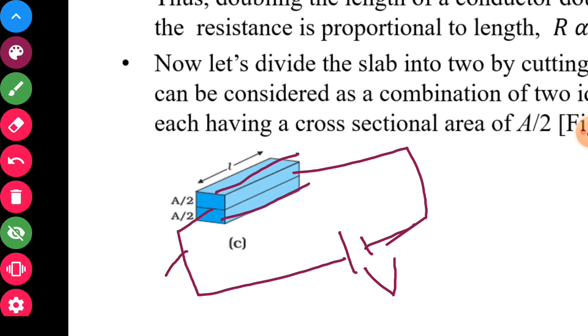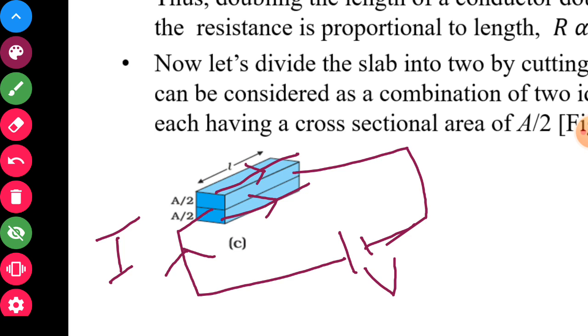But if earlier in one slab the current was I, now the current will be divided into two equal parts, I by 2 in the upper slab and I by 2 in the lower slab. So the voltage remains the same and the current is divided into two parts.